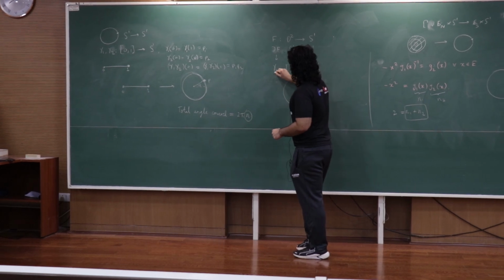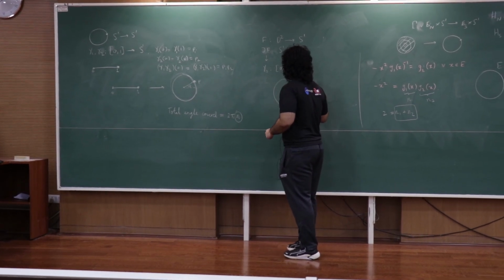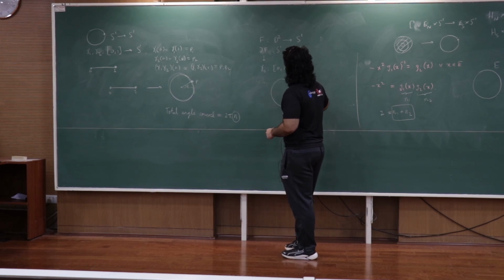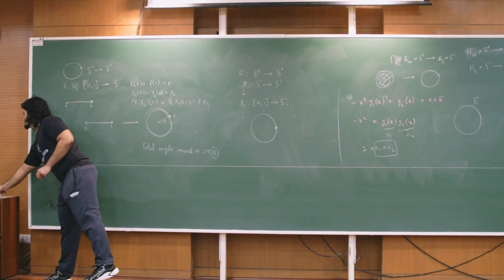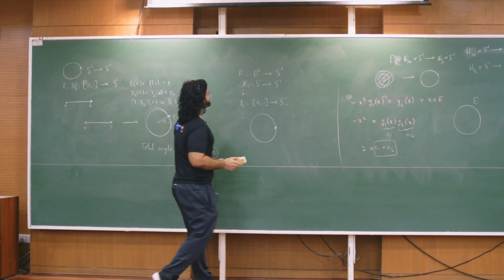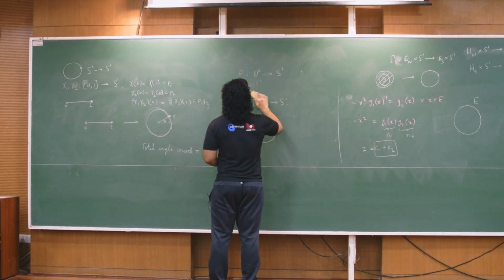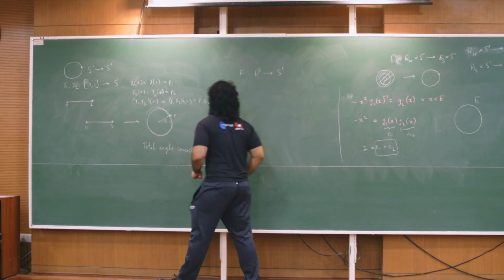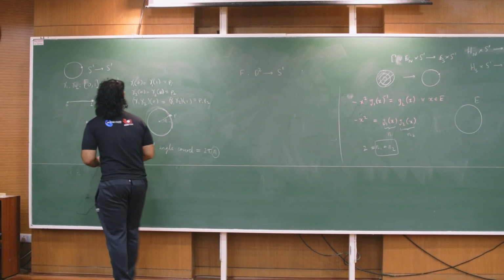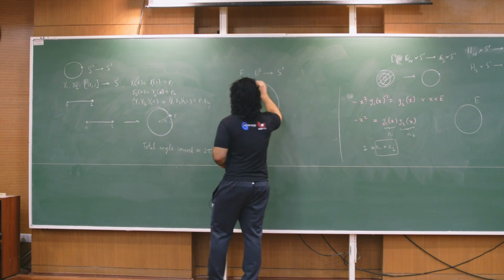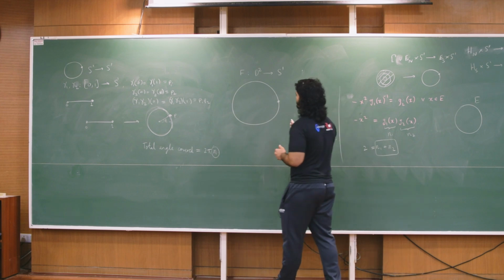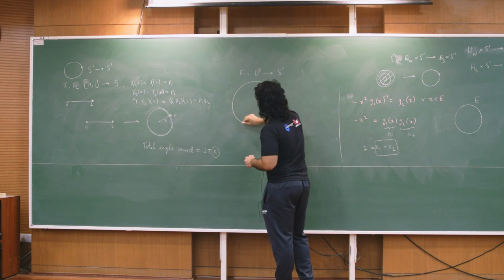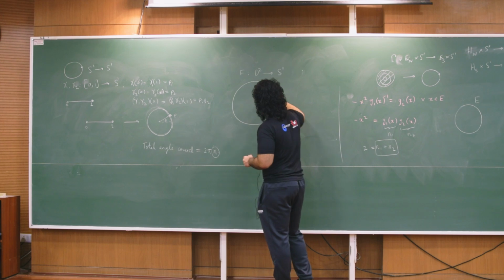Okay, wait. I'll need to modify the notation a little bit. So let me think of the disk as made up of a lot of circles. The first circle will be this whole thing, then the next circle will be something like this, and so on.